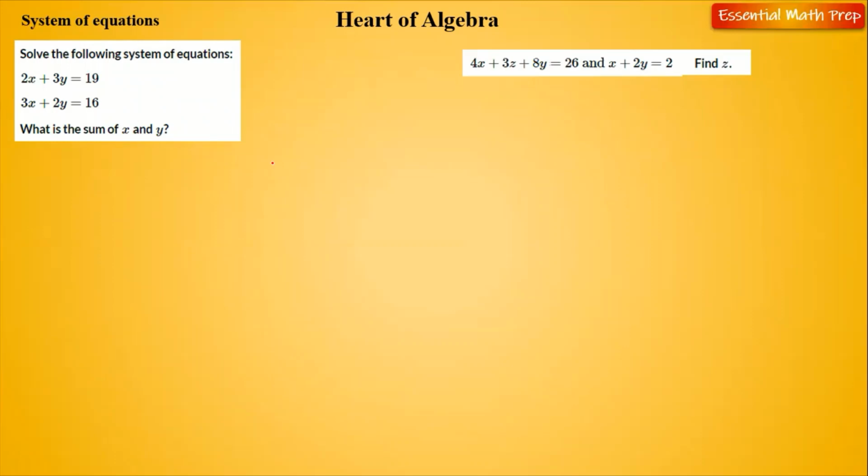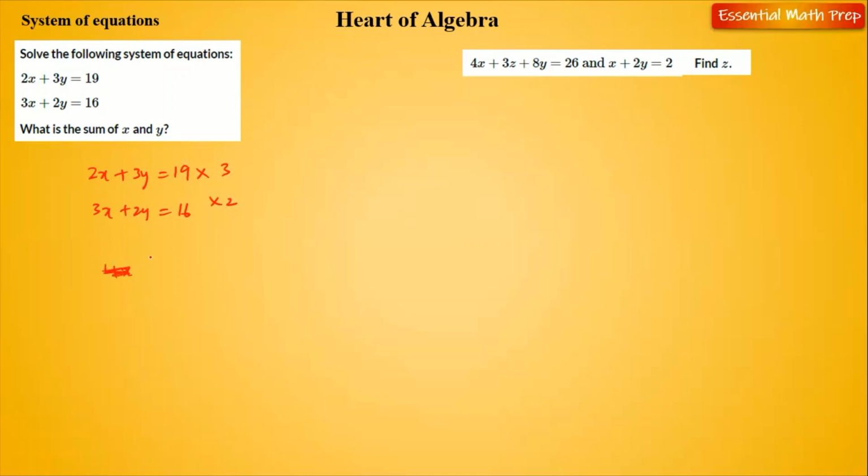Okay. What is the sum of x plus y? We've done a similar problem before. So 2x plus 3y equals 19. Again, you're welcome to use either method 1 or method 2, whatever pleases you. Let's say I multiply by 3 and multiply by 2, then you know what variable I'm trying to cancel.